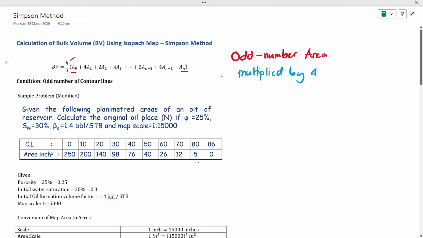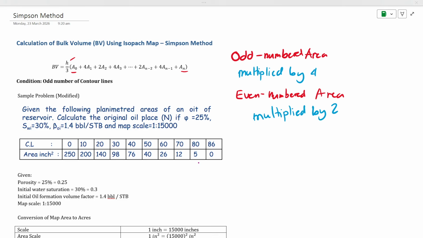And as for the even numbered areas, their corresponding coefficient is 2, meaning they are multiplied by 2. Okay.